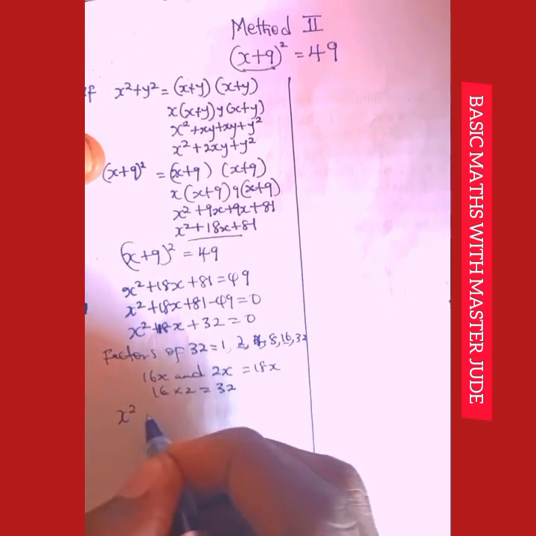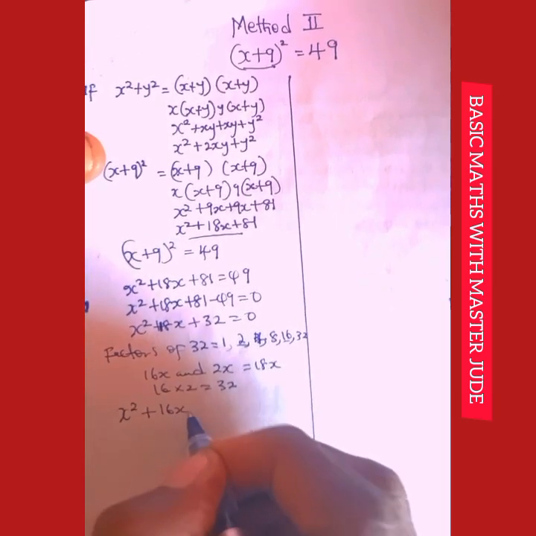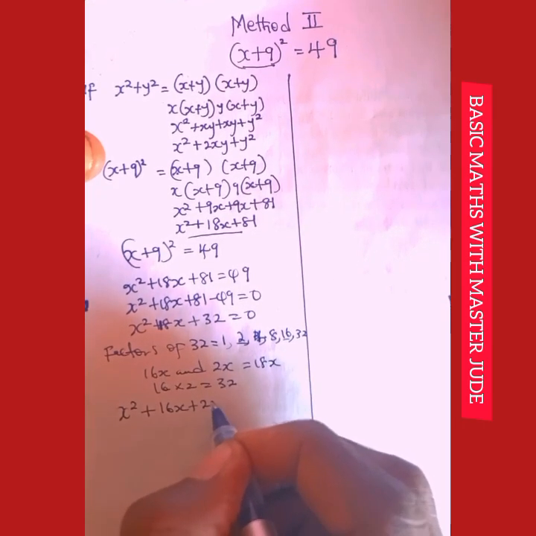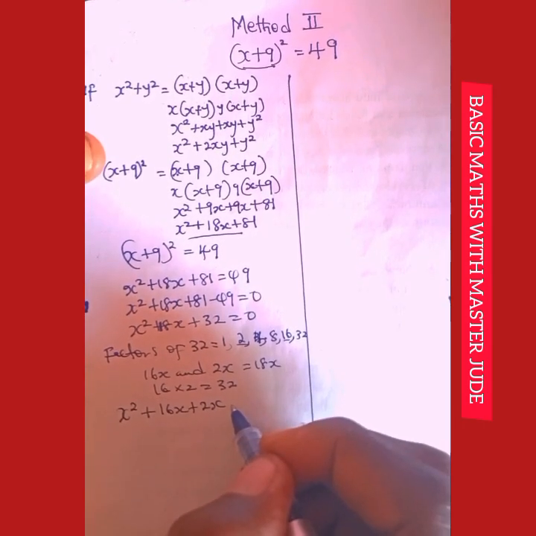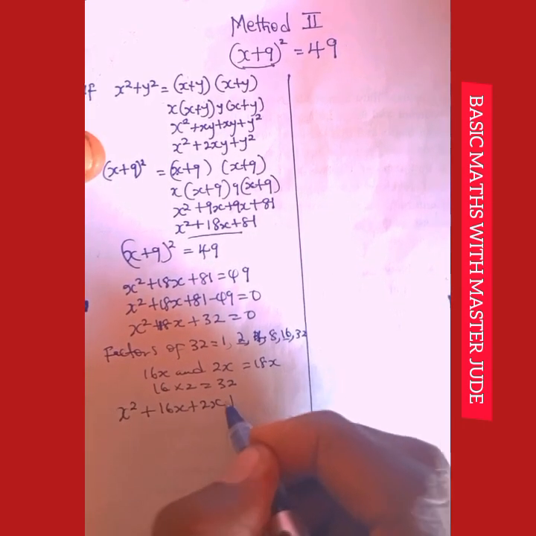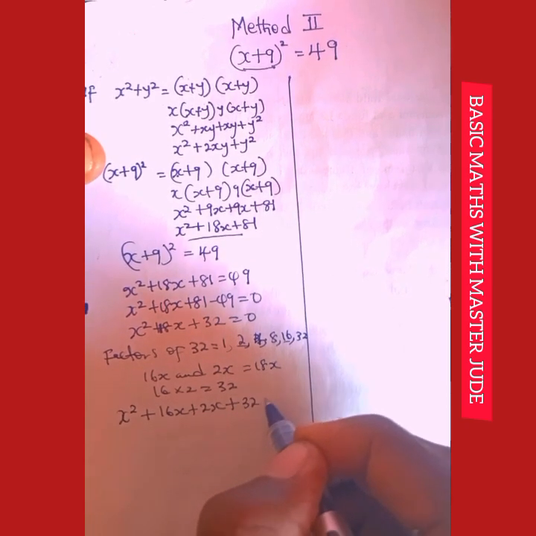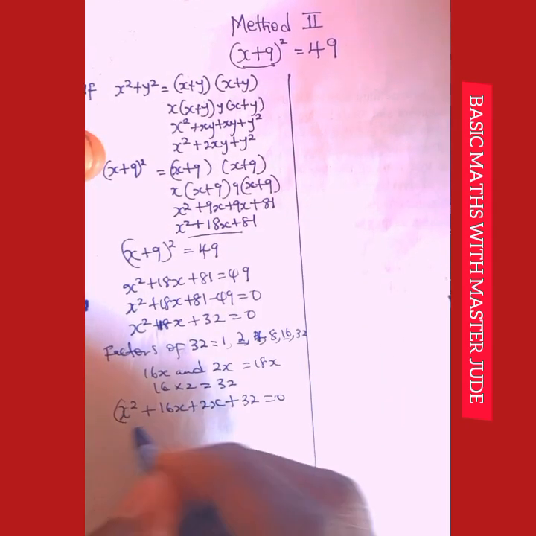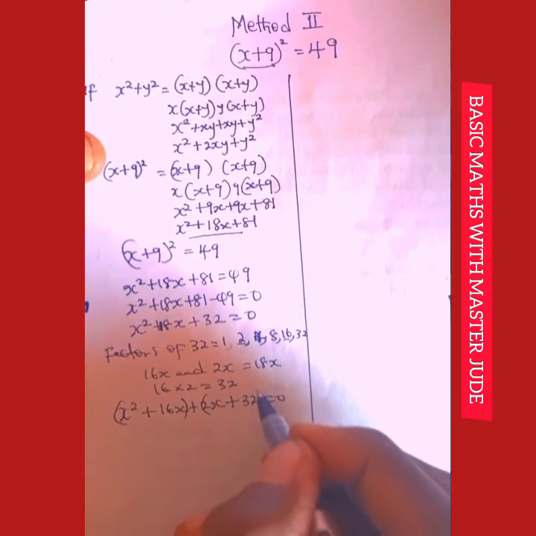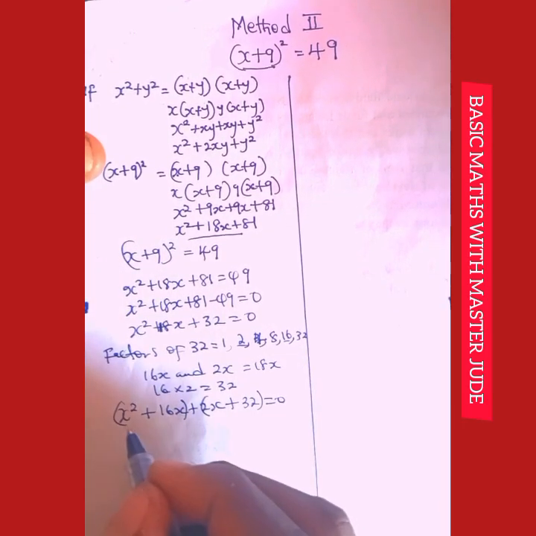So we're going to use 16x and 2x to replace 18x. So I'm going to have x² + 16x + 2x + 32 = 0. From here, I will group. Let me factor out x, which I have in the first two terms.